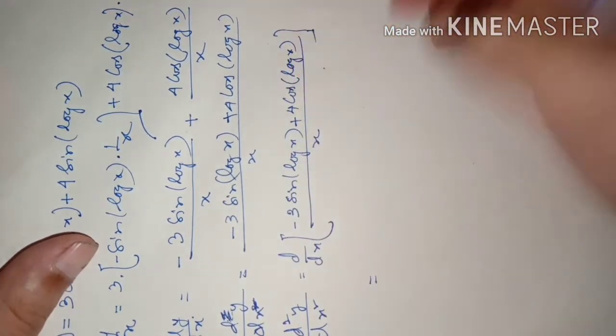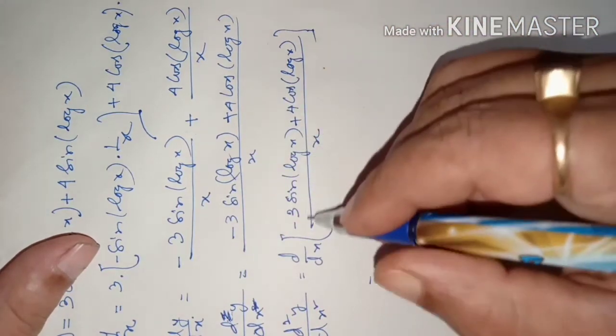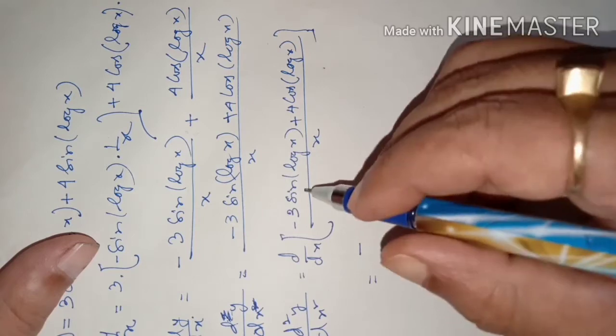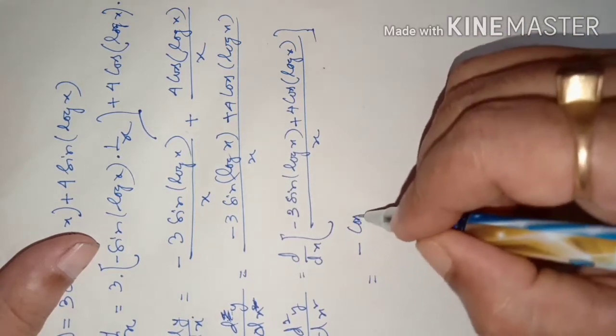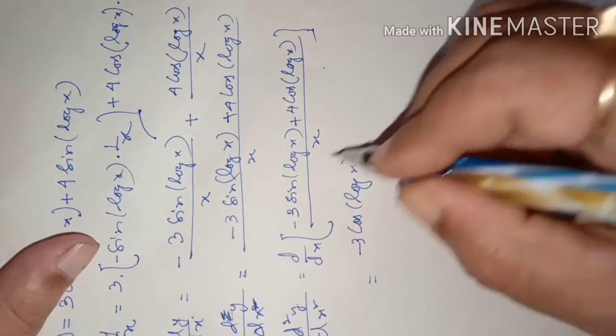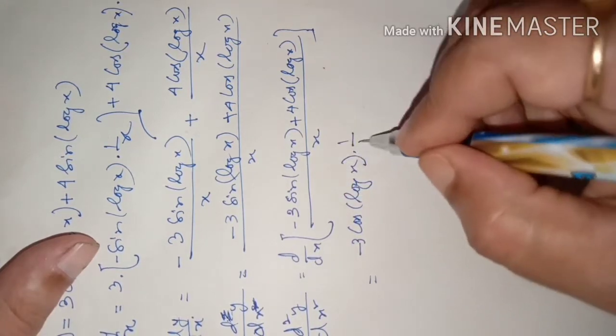So u dash v means its differentiation: minus sin will be cos, minus 3 cos log x, and log x its derivative is 1 by x.